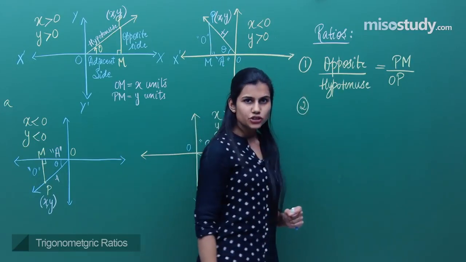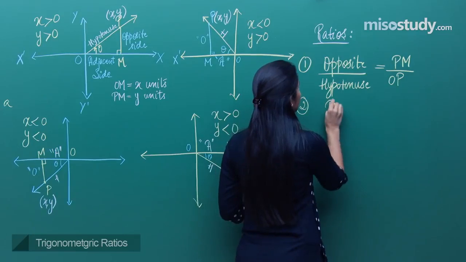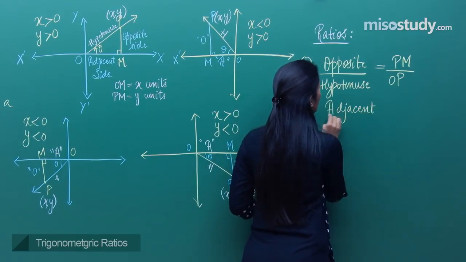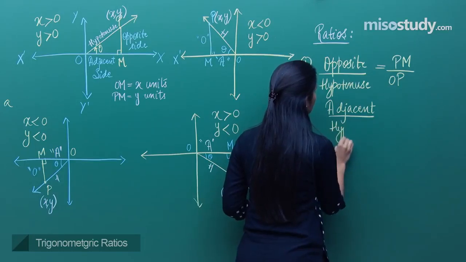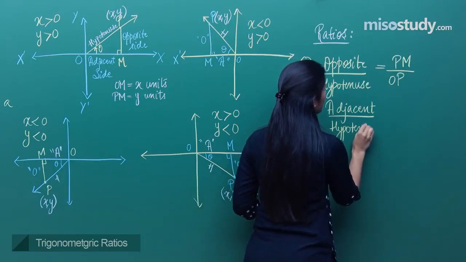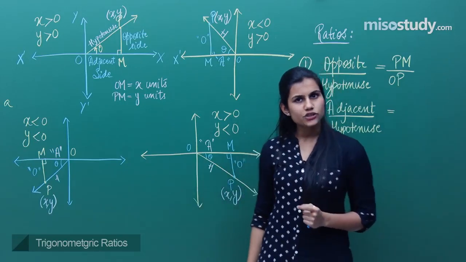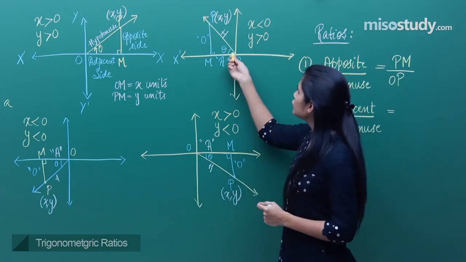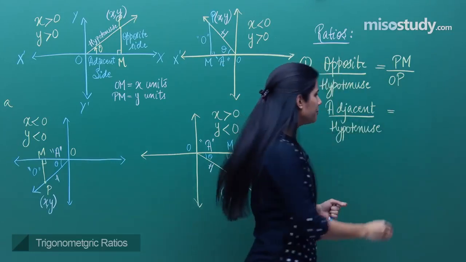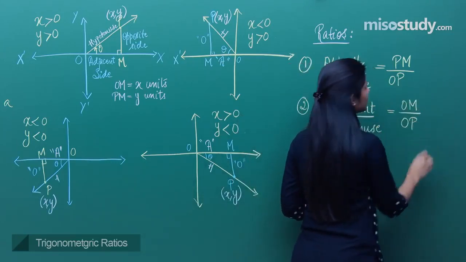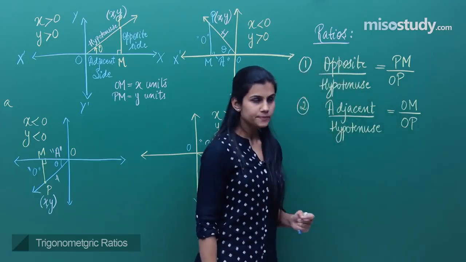The second ratio that I am interested in takes the ratio of adjacent with the hypotenuse. What is the adjacent side in each of the triangle of reference? The adjacent side is OM. And the hypotenuse remains the same, which is OP.